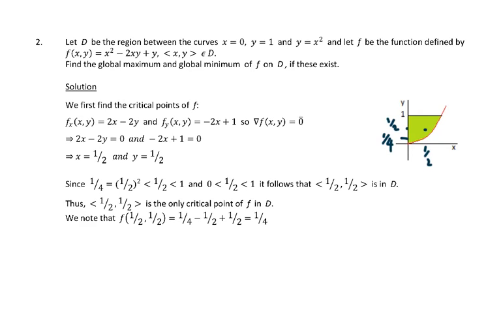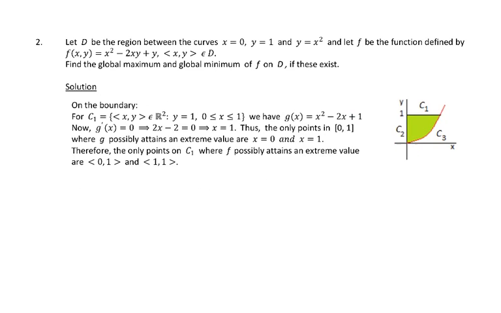In the y direction, you can see that since a quarter is less than a half and half is less than 1, the point (1/2, 1/2) really lies in D. So we can conclude that the point (1/2, 1/2) is the only critical point of f in D. We calculate the function value at this point and we find that it's equal to a quarter.